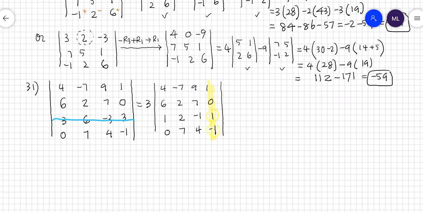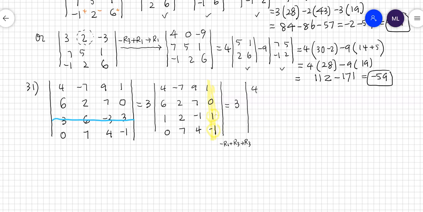So now let's see. This is 3 times. Now I'm going to make that 0: I multiply the first row, in other words, negative R1 plus R3 goes to R3, that's what I mean.